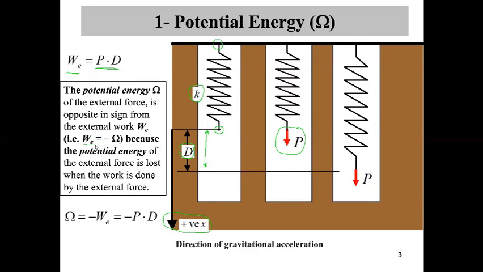In other words, WE equals the negative of omega, because the potential energy of the external force is lost when the work is done by the external force. Therefore, omega equals minus WE equals minus P times d.